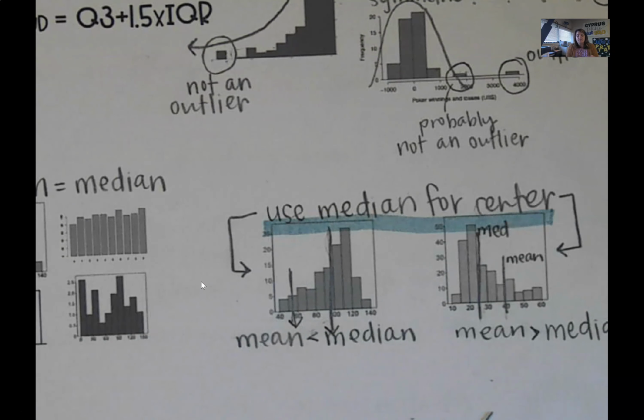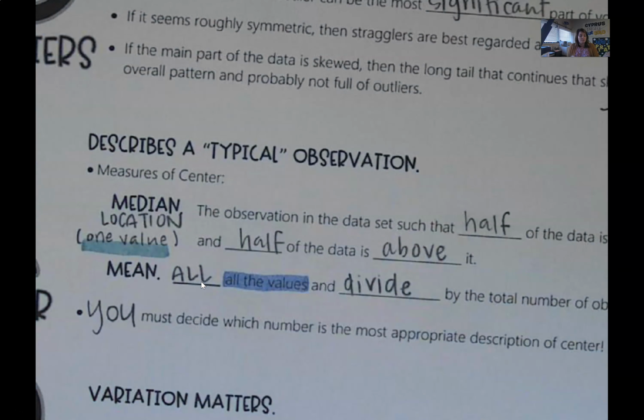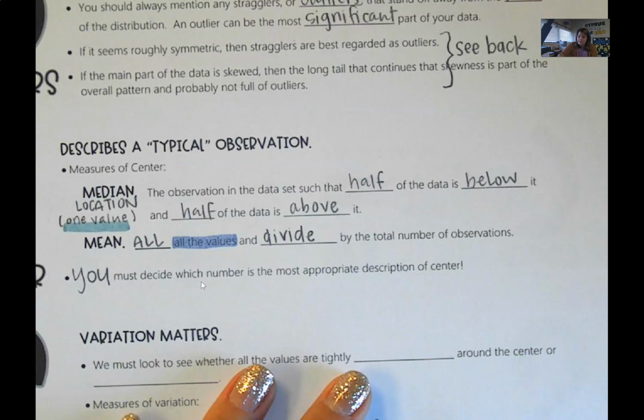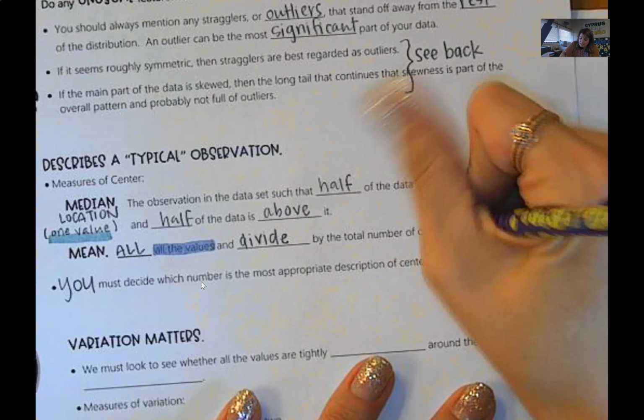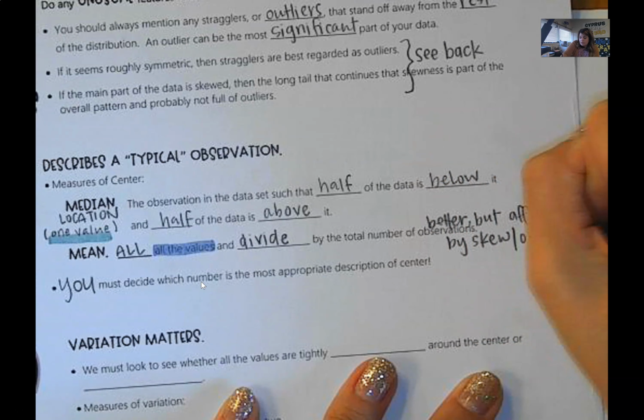And then I'm going to flip back on this side, and I'm going to write a note to myself on the mean bullet point that the mean is better, but affected by skew and outliers.